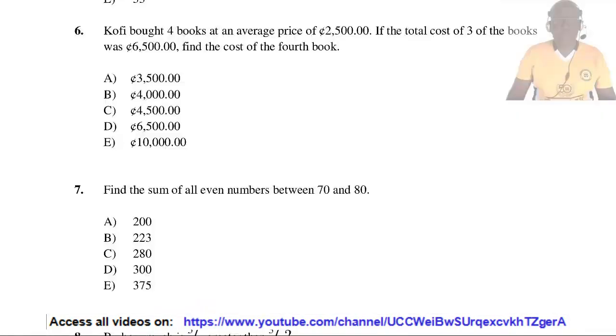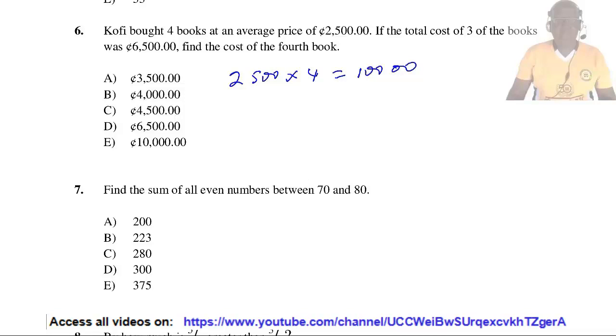Question 6. Kofi bought 4 books at an average price of 2,500. If the total cost of 3 of the books was 6,500, find the cost of the fourth book. The total cost of the 4 books is going to be equal to the average price, that is 2,500 times 4. 4 times 25 is 100, so the total cost of the 4 books is 10,000.